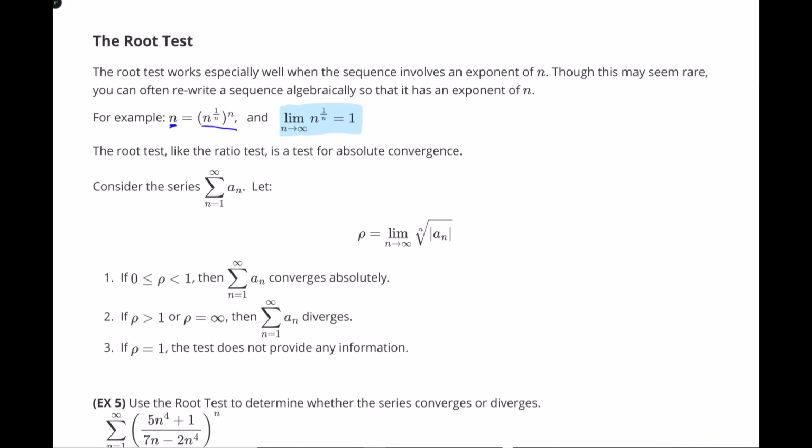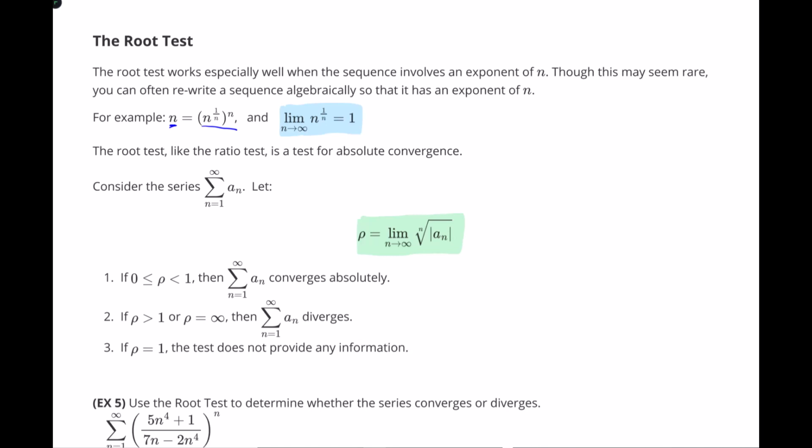So the root test actually looks very much like the ratio test. We have to compute a limit. So the value of this limit right here is the limit of the nth root of the absolute value of your terms. So again, this tells us if it converges absolutely.